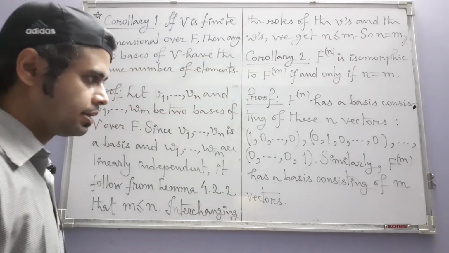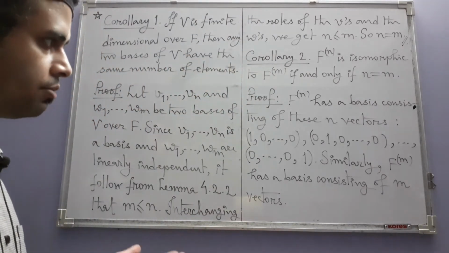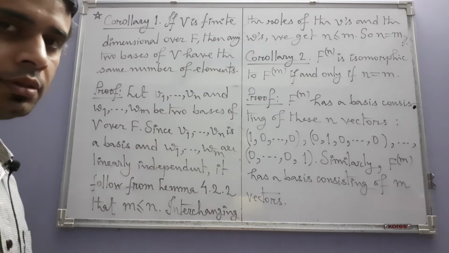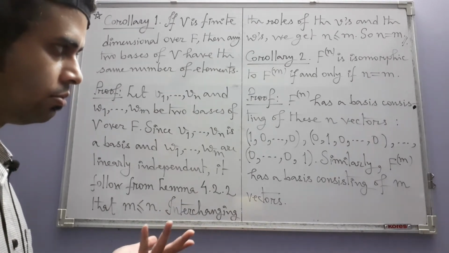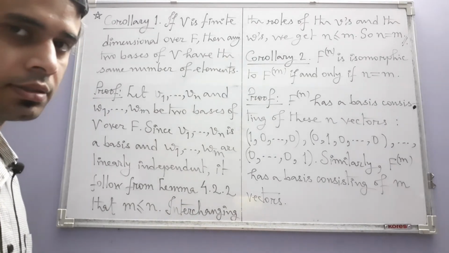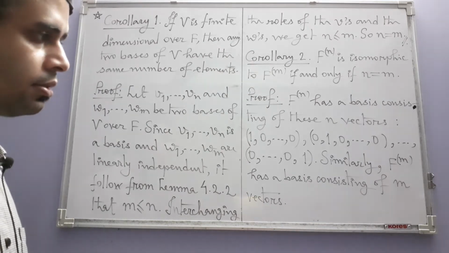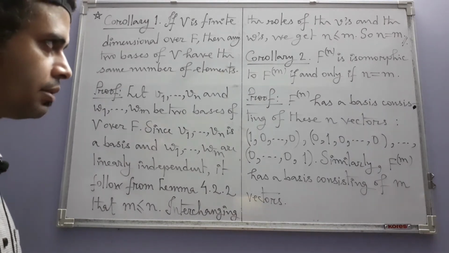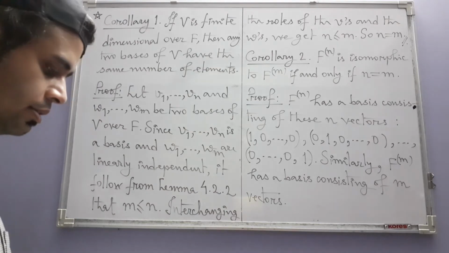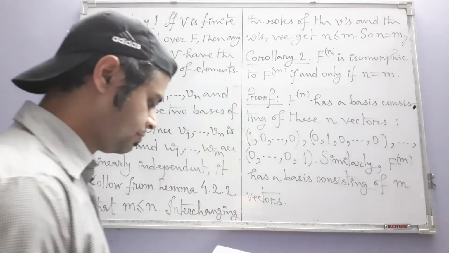Now, existence of an isomorphism between Fn and Fm demands that such two bases must have the same number of elements, and that in fact we haven't proved yet, but that is one of the exercises.